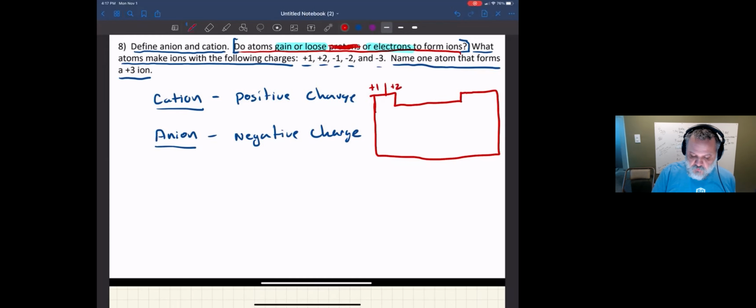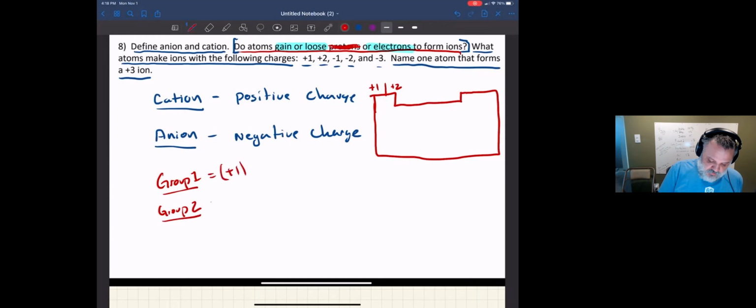In group 2, we form +2 ions. Then we're not going to mess around until we get to group 15. Group 1 is +1, group 2 is +2.